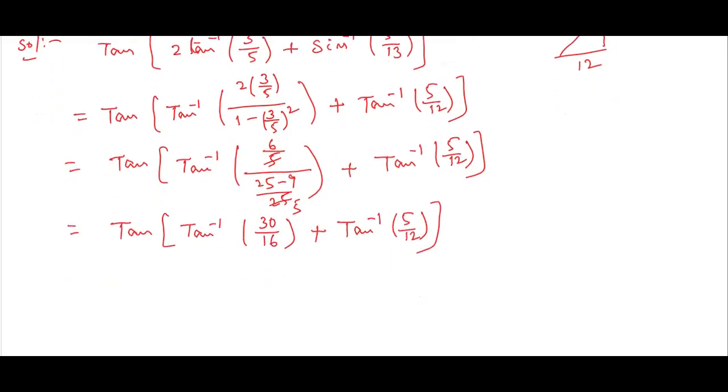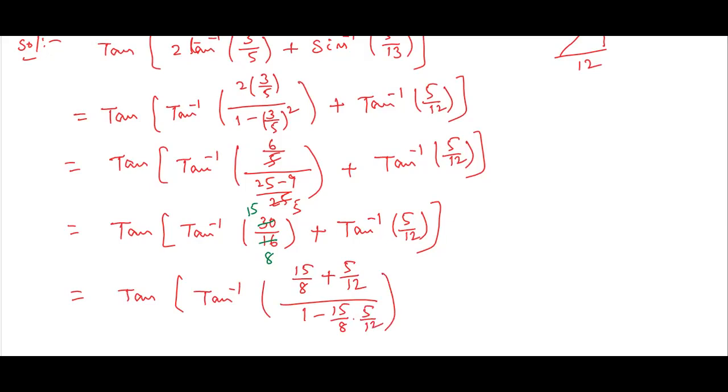Now do the calculation. 30/16 means how much? 2 15s are, 2 8s are. Now inside the bracket, that is in the form of tan inverse x plus tan inverse y. Tan inverse of x plus y divided by 1 minus x into y. Now tan inverse cancel.